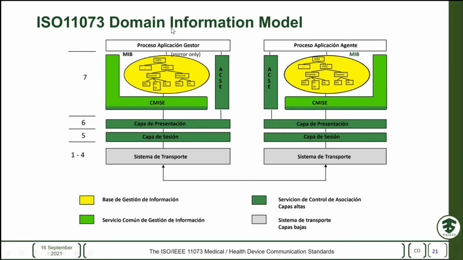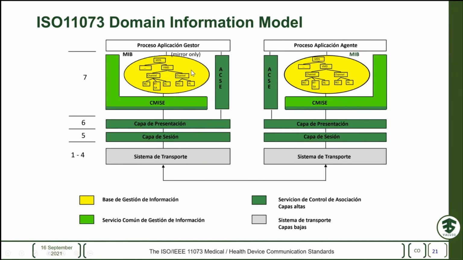This is a typical view of the standard. These are the tree-oriented connectivity between the different objects that refer to the particular medical device. I will put some examples later. And what is very interesting here is a particular object that is called the scanner.